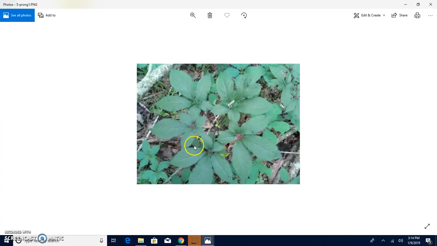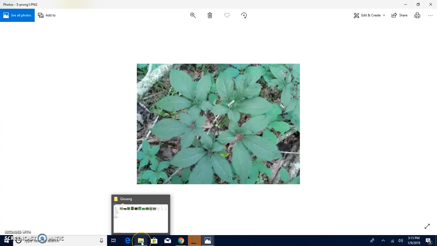So this is a legitimate 5 prong plant. And I have seen 5 prong plants in a while, but I have never seen any 6 prong plants or 7 prong plants. And if anyone out there has seen or has pictures of a 6 prong or a 7 prong that are legitimate, I mean legitimate actual 6 prongs or 7 prongs, I'd like to see them.